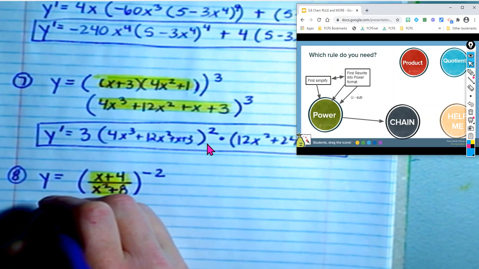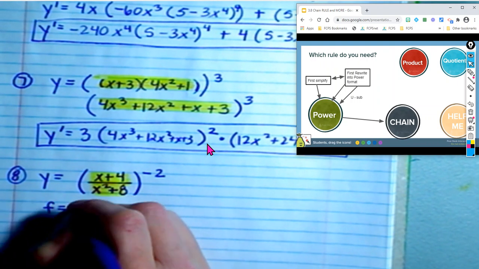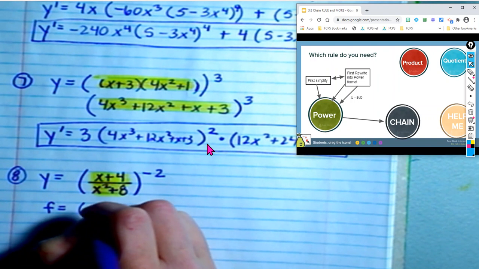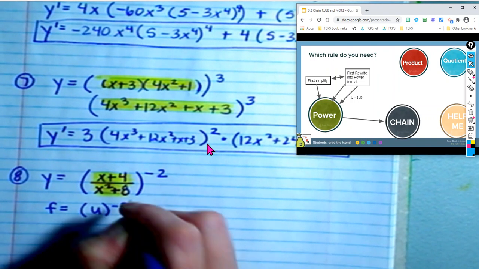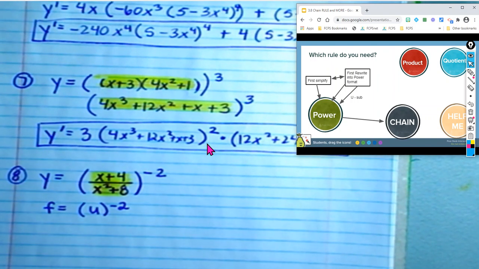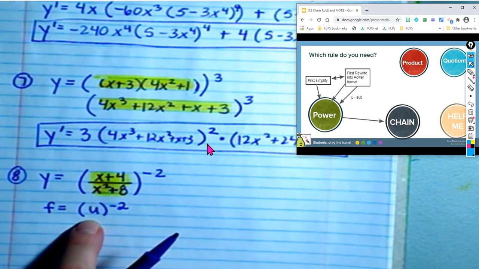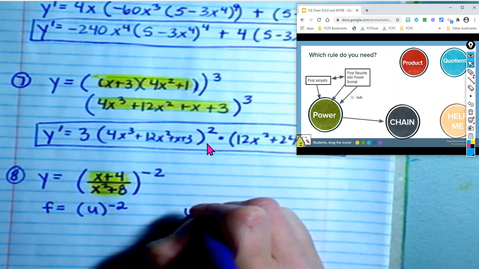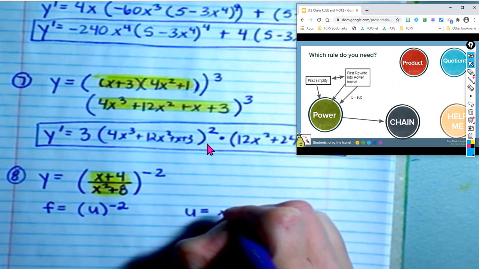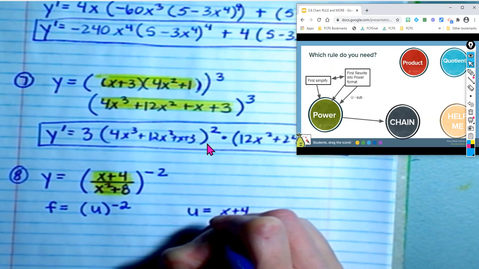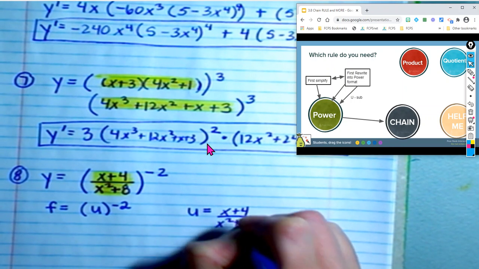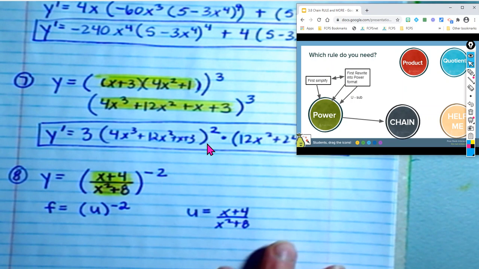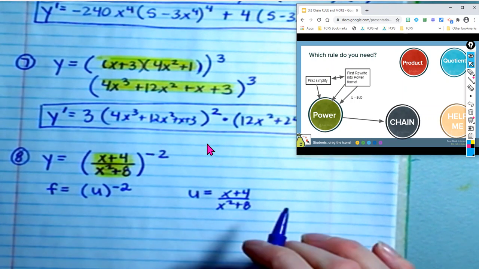Because we have, okay, the first one is u to the negative 2. Look at that. When I rewrite that yellow highlighted portion as the u, I get just the power rule. And then when I do this, I get just the quotient rule. And so this is what I'm going to go with.